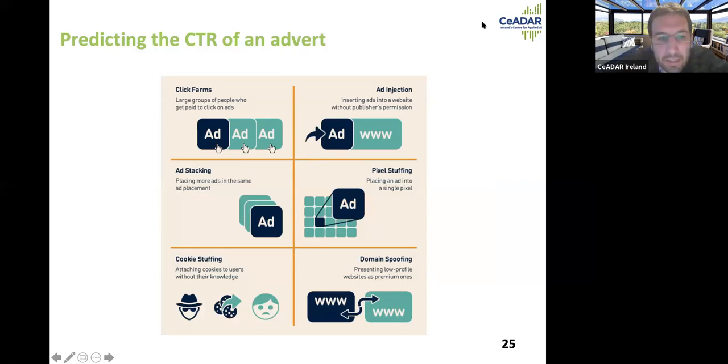So in online advertising, machine learning is also applied to detect anomalies in the way users are browsing and say, okay, this looks like a natural user, or this guy looks like a robot or a bot. And there are all kinds of people trying to cheat the system, and if you don't detect them, the campaigns of the advertiser go to waste.